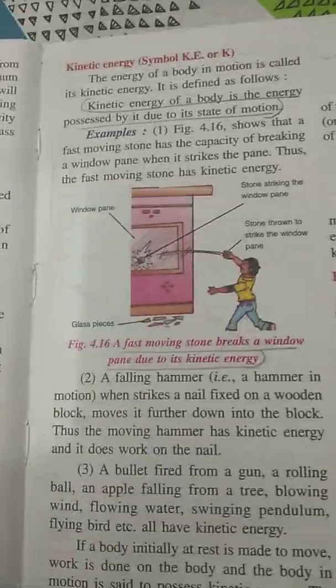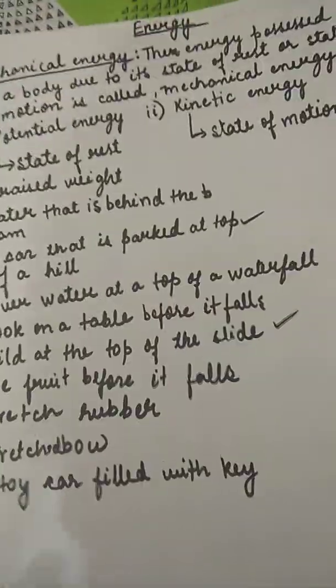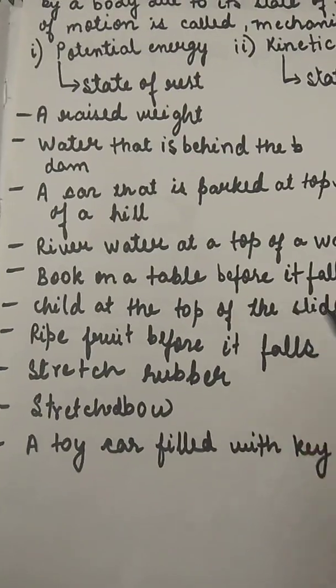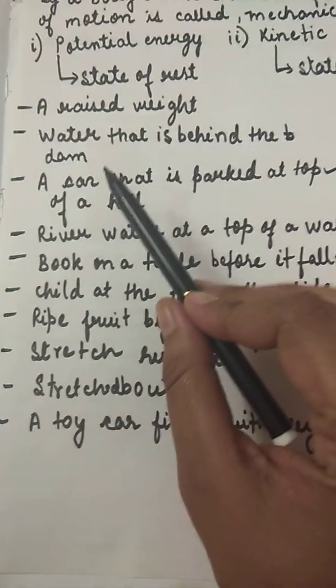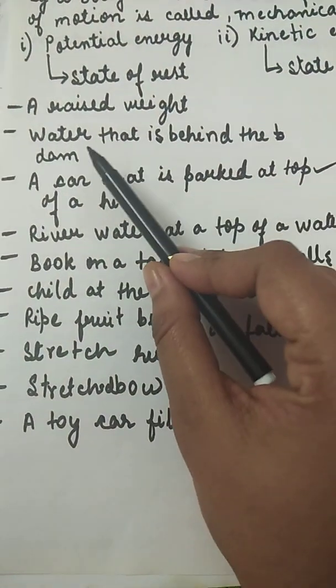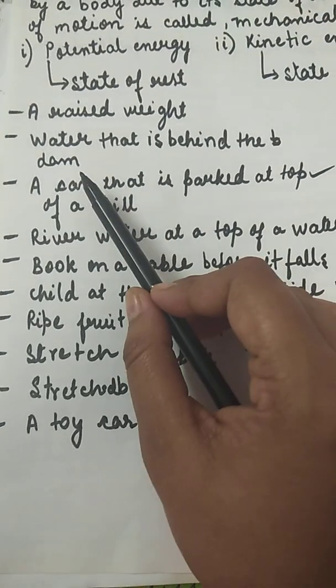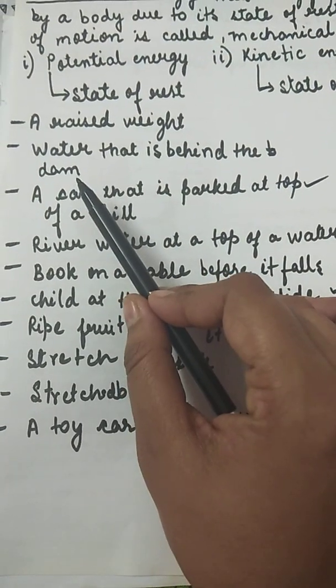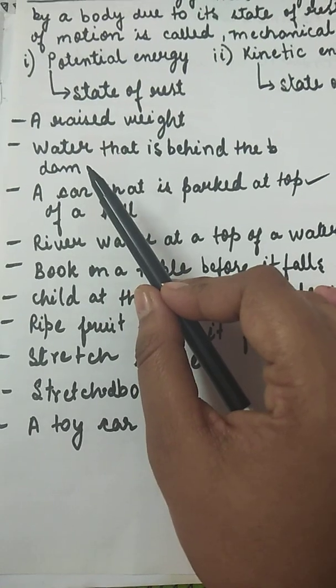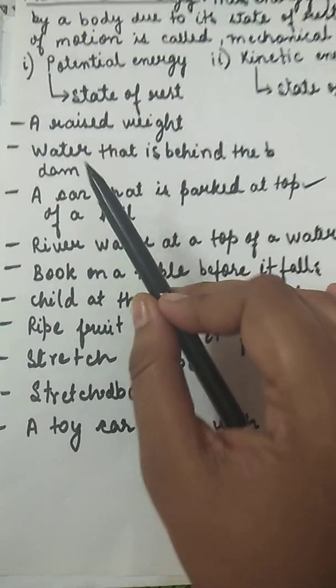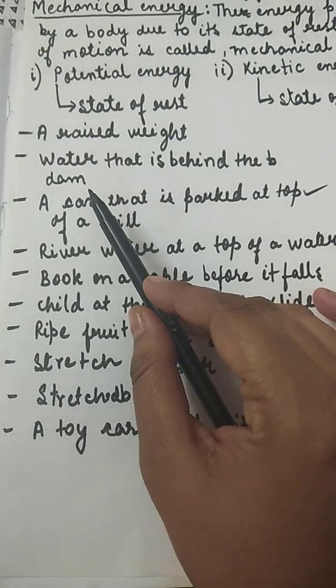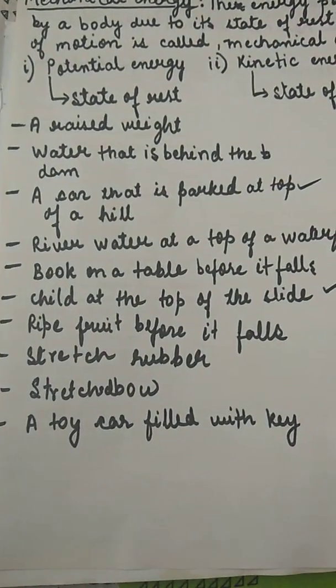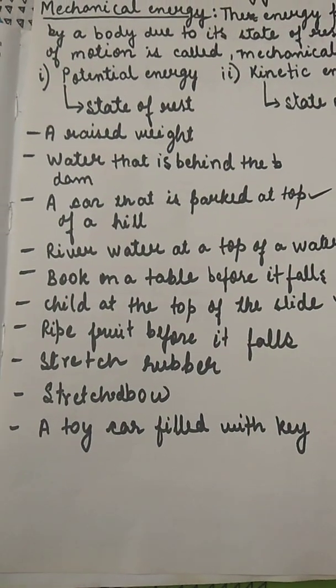We have already discussed this in potential energy: you can see water that is behind the dam. If it is left, then the water will come into kinetic energy, but as soon as it is stopped it will have potential energy.